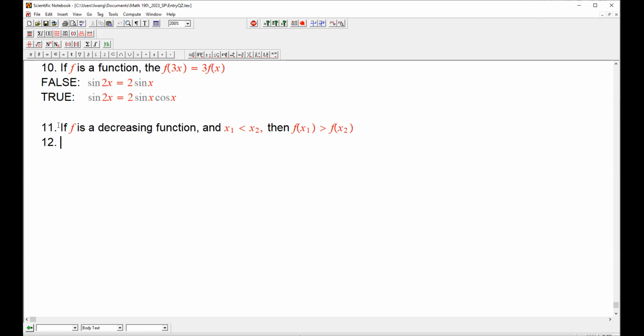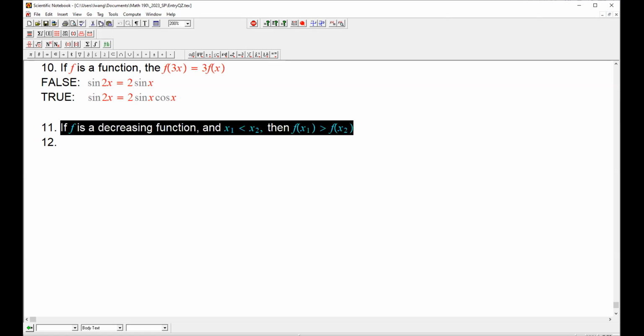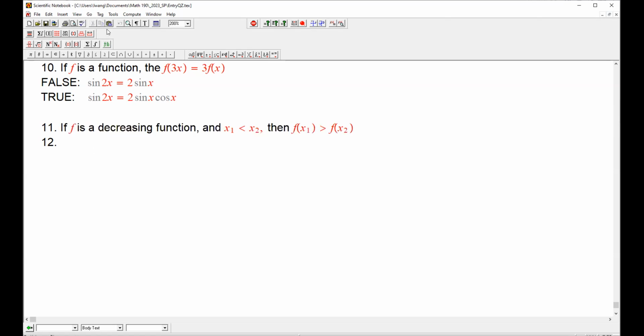Okay. So number 12 is that if a function is a decreasing function, I'm going to just take a shortcut. If it is an increasing function, then this is going to be reversed. So these 2 statements are correct. In fact, you're going to be using these 2 definitions quite a lot.